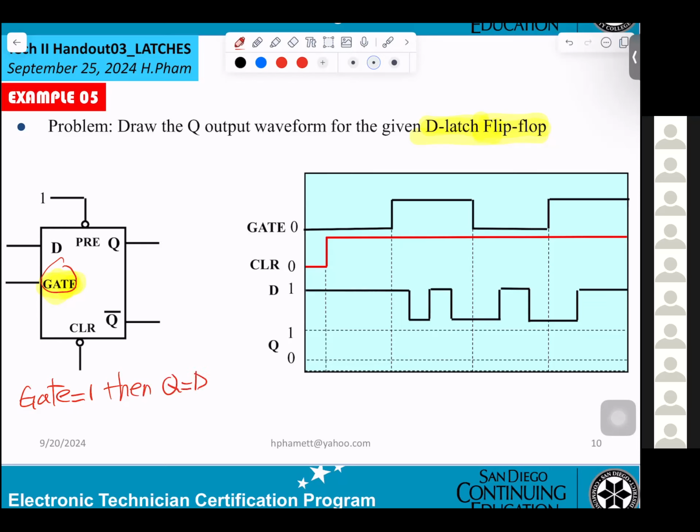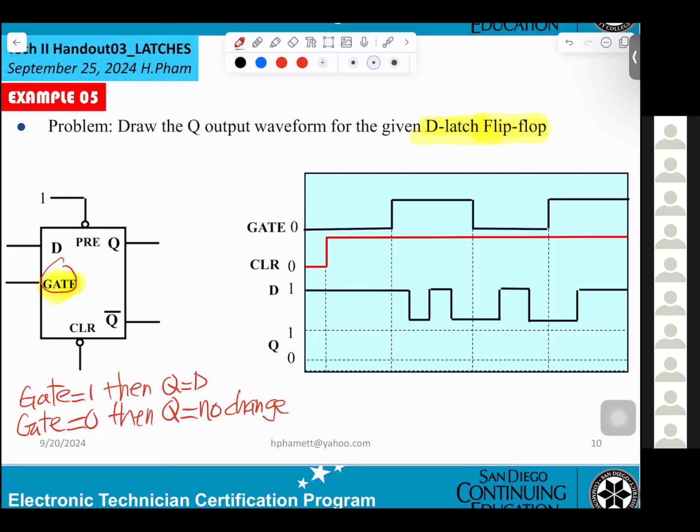No change means if it was 0, it still will be 0. If it was 1, then Q still will be 1.